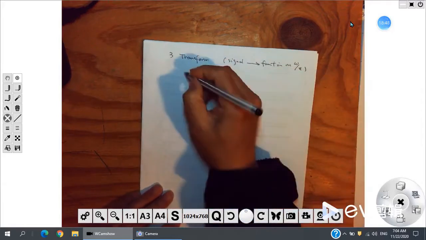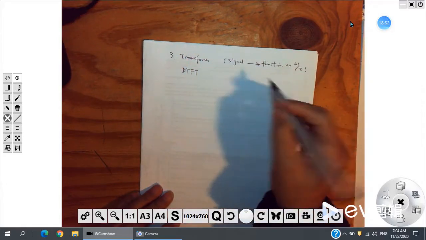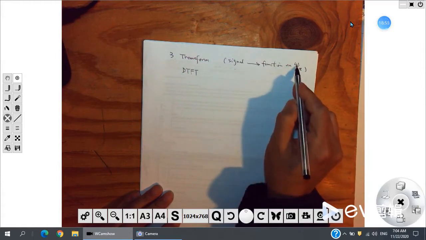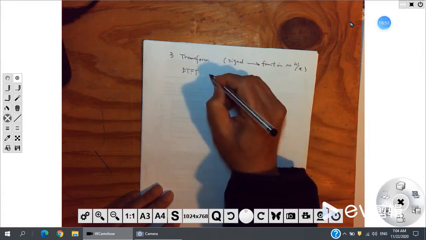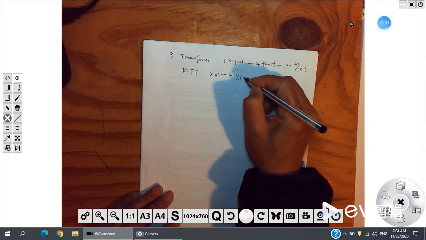Now we have two transforms. The first one is the DTFT. This one is from a signal to a function on omega, from x of n to a capital X of e to the j omega.